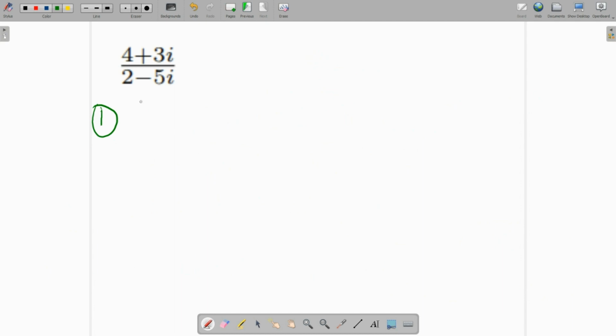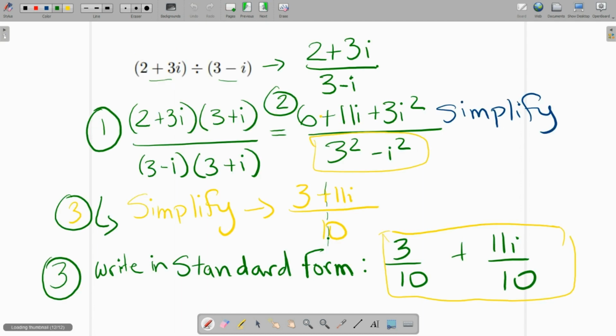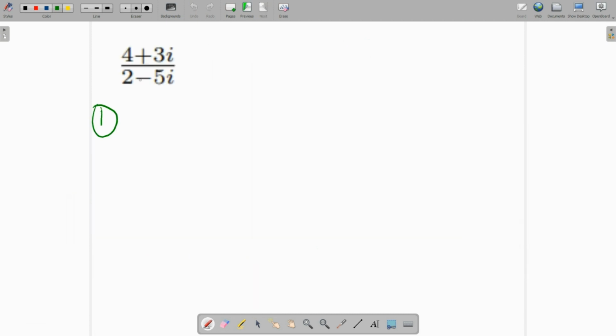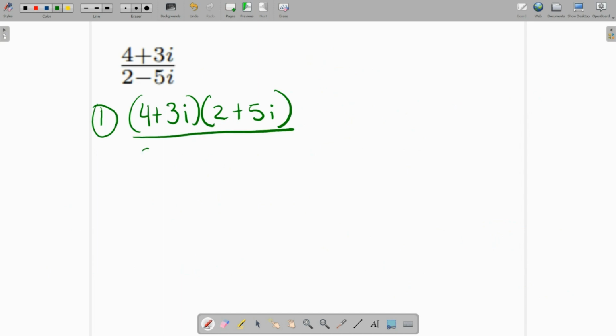What we have to do here is, remember, like the previous step, we have to multiply with the conjugate of the bottom. So we would do 4 plus 3i times 2 plus 5i. That's what we do right there. And then the bottom, same thing, we just do 2 minus 5i times 2 plus 5i.